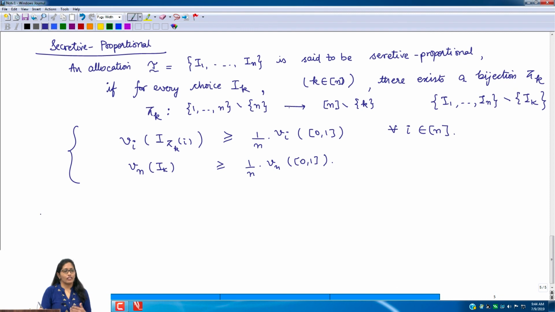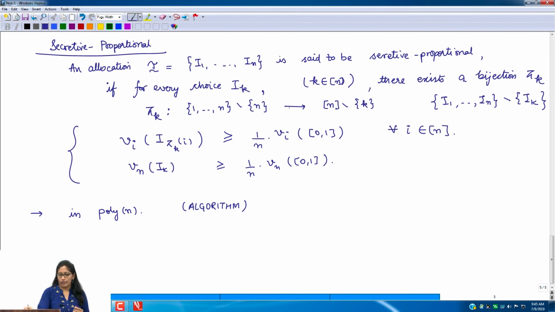So what I'll do next is I'll show an algorithm which computes a secretive proportional allocation for n agents, by which I mean for any n in polynomial time. So basically I'll show an algorithm which will achieve proportionality for all agents, even in the presence of a secretive nth agent.